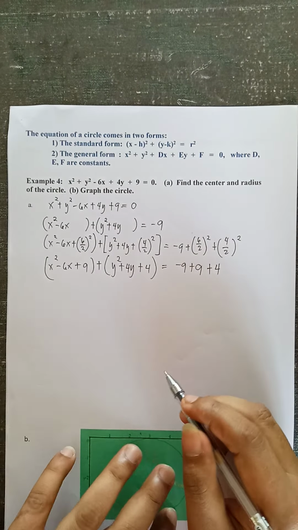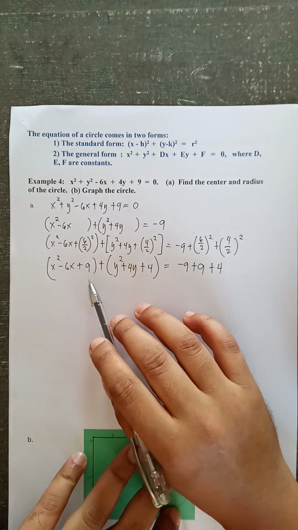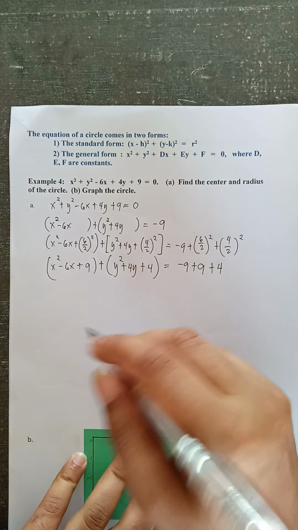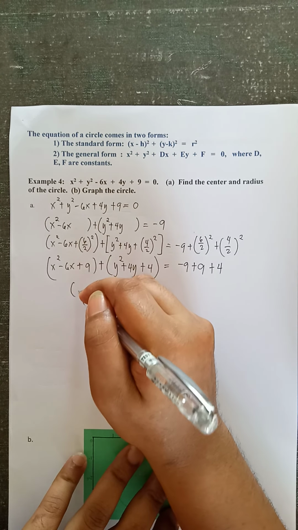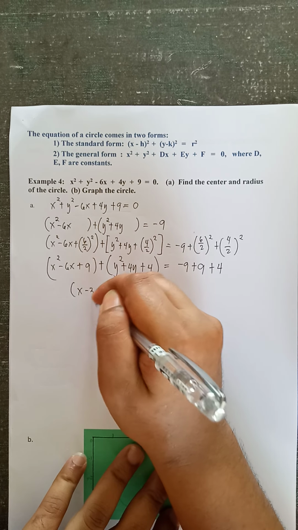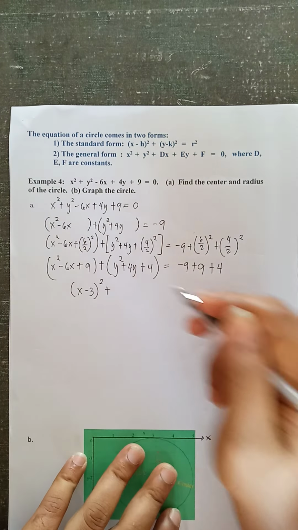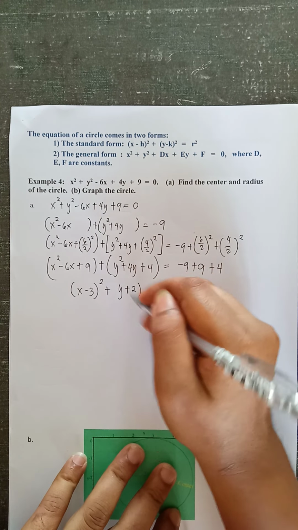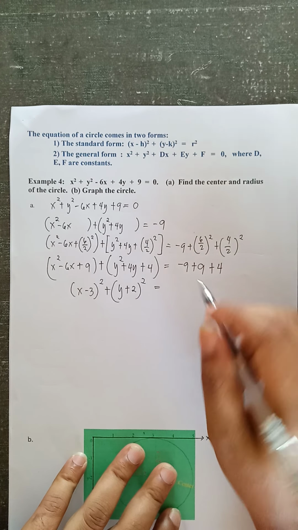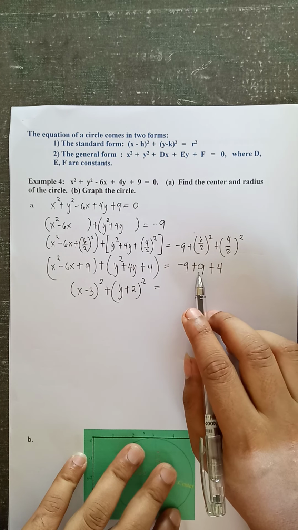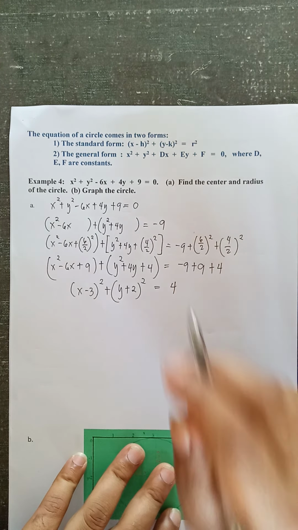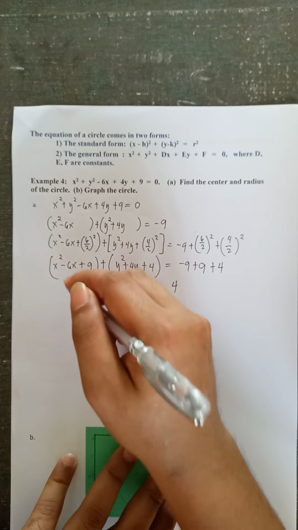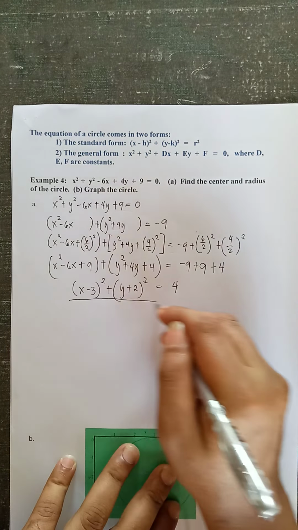That's it. Okay? So naa na tay duha ka perfect square, sa x ug perfect square sa y. So we have the factors (x minus 3) squared plus (y plus 2) squared equals negative 9 plus 9, 0 plus 4, that is equal to 4. So naka-create na ta og standard form nga this one.